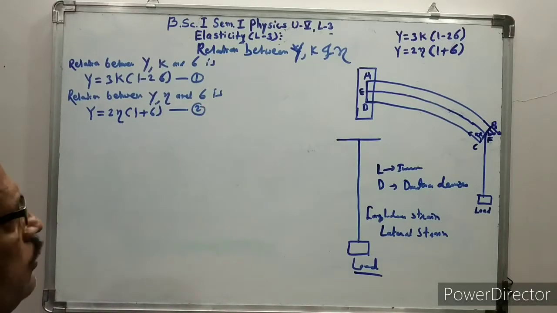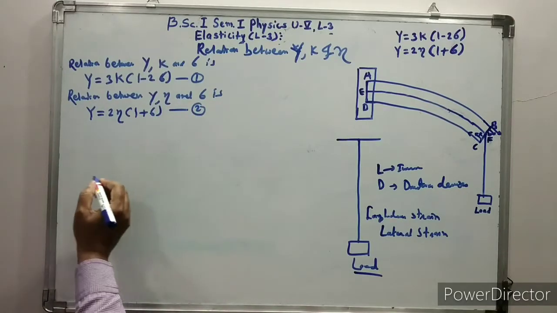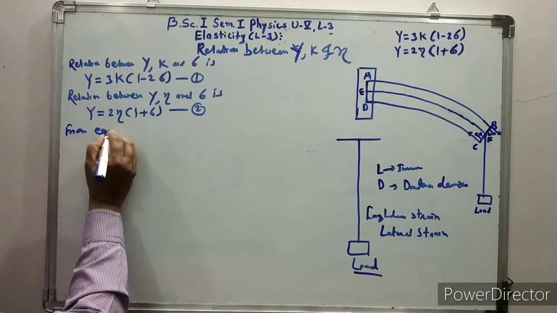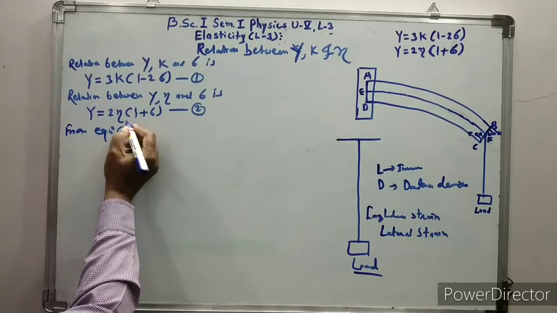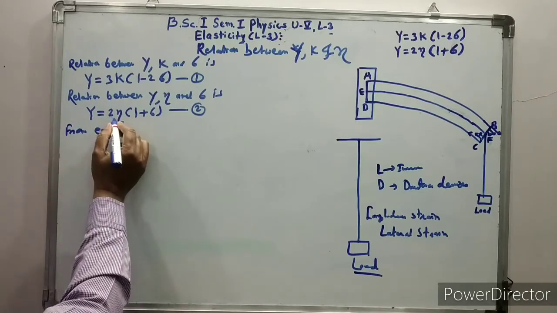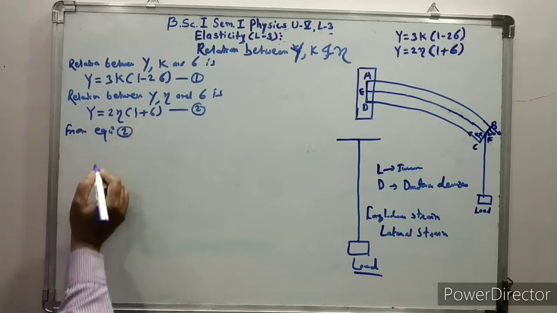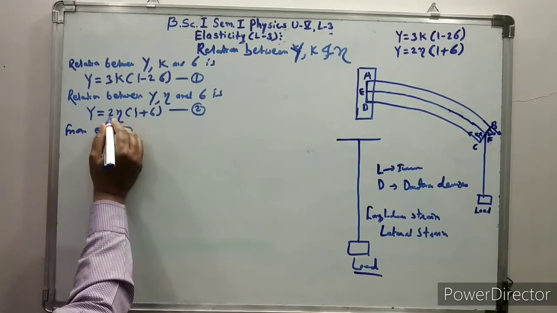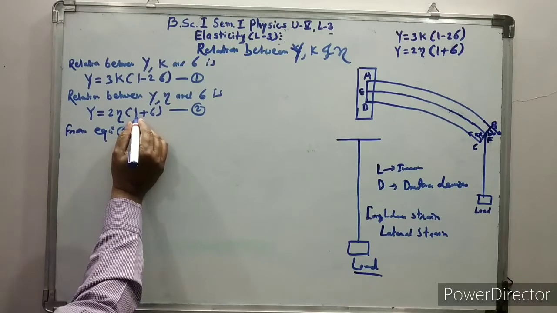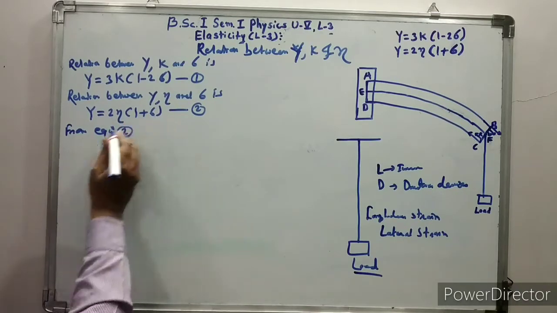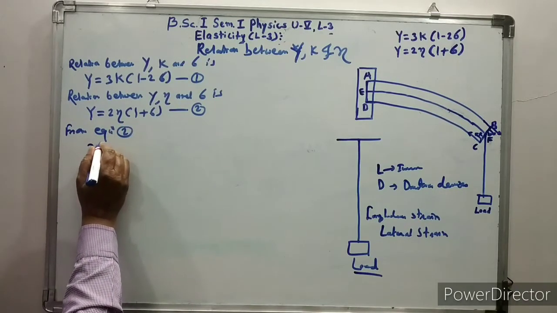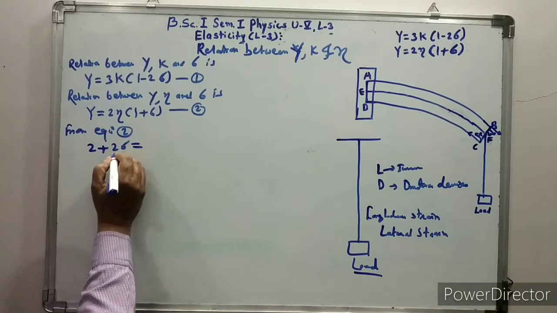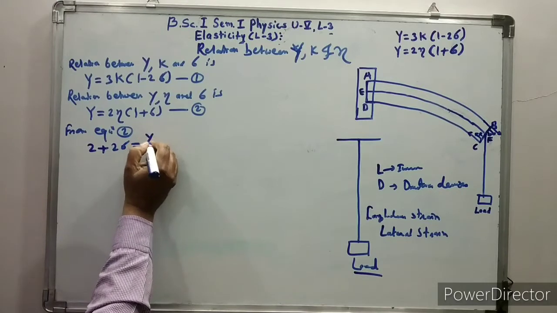Now from equation 2, if we multiply this bracket by 2 and transfer this eta to the left hand side, then by multiplying this bracket, we get 2 into (1 plus sigma), meaning 2 plus 2 sigma, is equal to Y by eta.